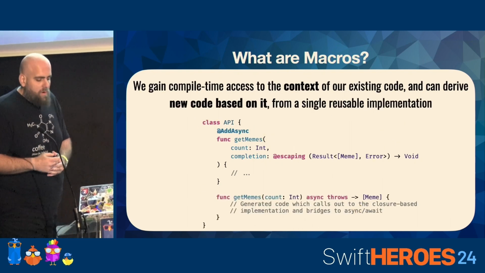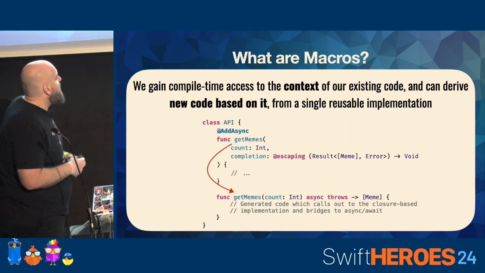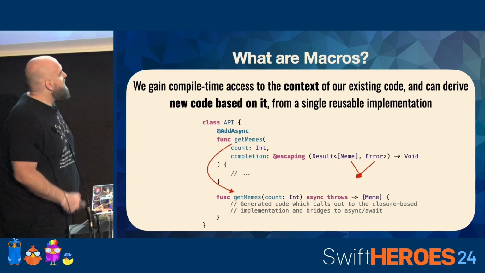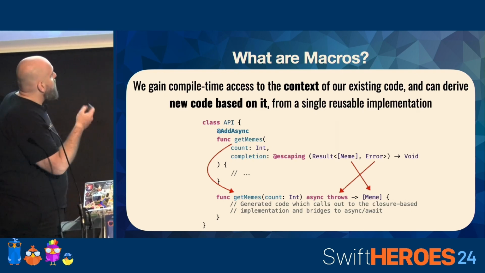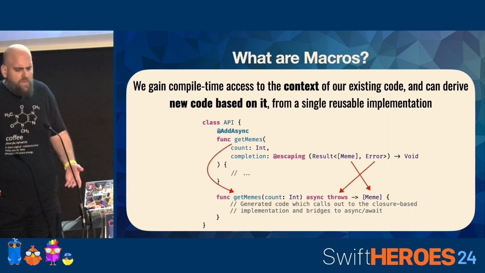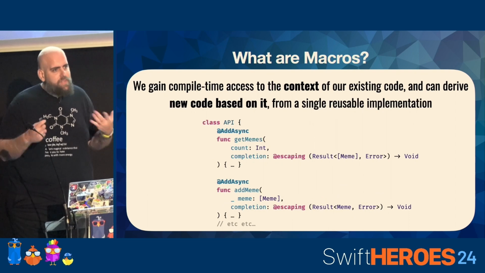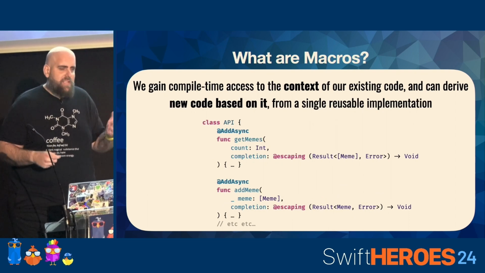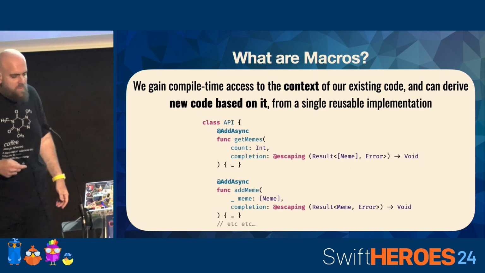The way this macro will work, it can infer the name of the method and the argument count, and it knows it's an integer, and it even knows to get the right return type from the result, and it even knows that the method needs to be throwing because there's an error in the result type. So this is really cool, and once I wrote it once, I can use it on any method in my code that has a completion handler, and I will automatically get the same method with async throws for free. This is really, really useful.